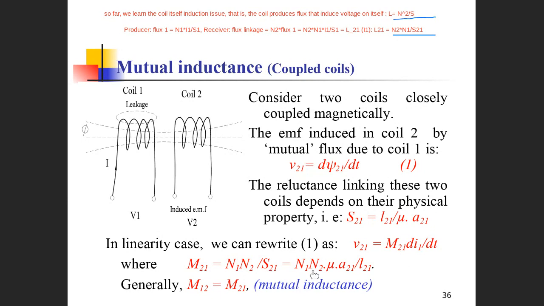Very similar to the simple self-inductance. So N1, N2, mu is the permeability of the core material, A is the equivalent cross-sectional area of the path, and l the equivalent core length.